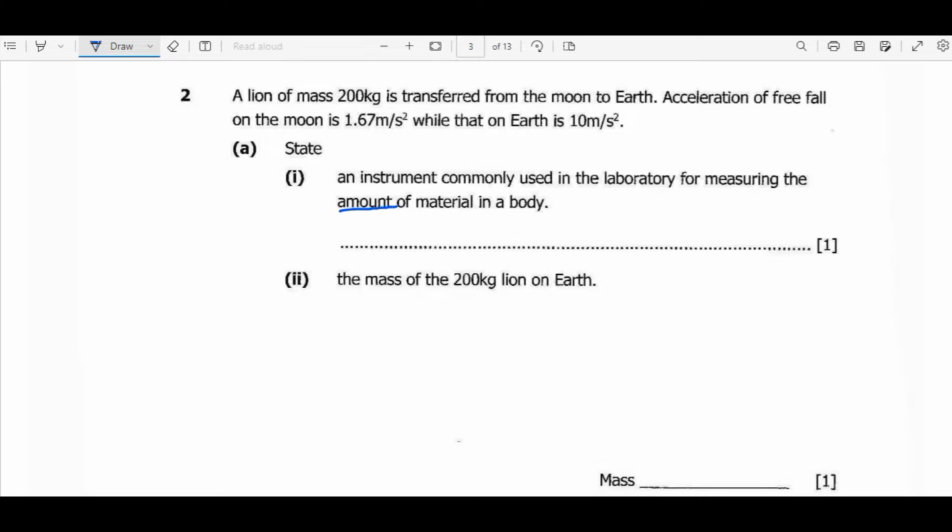Whenever you are told the amount of material in a body, this is the same as the instrument you can use to measure mass. In a laboratory, we can use a beam balance, and in most cases that should be an electronic beam balance.